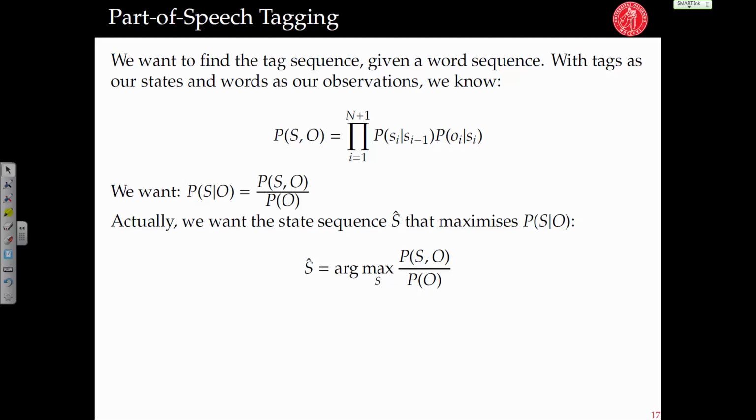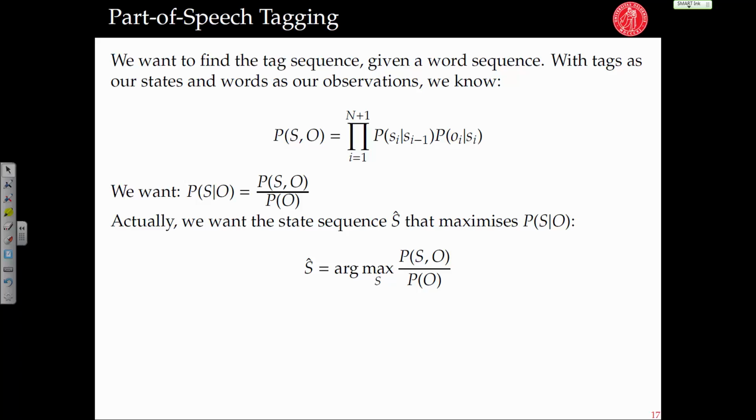And argmax is, have you seen argmax before? Yeah, not so many. Okay, so argmax is basically an operation that searches for the S that maximizes this term here. You can think of argmax as a search problem.